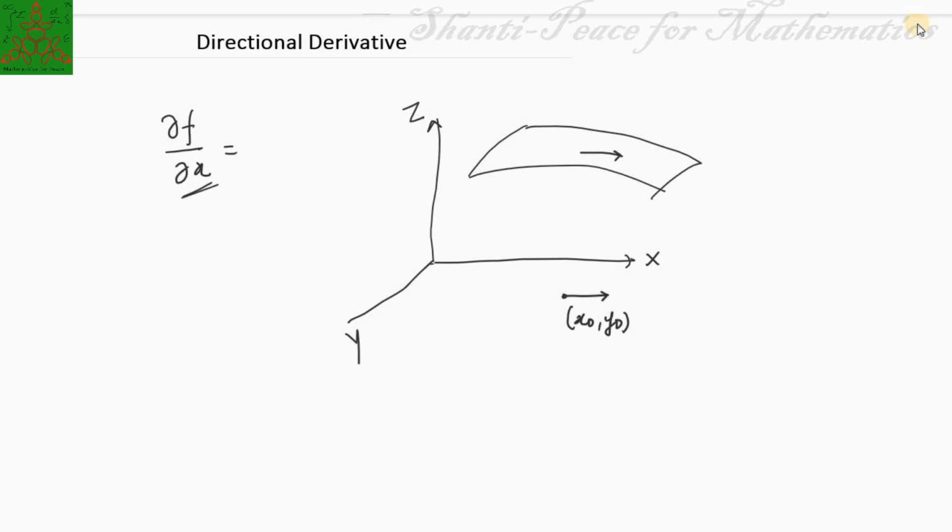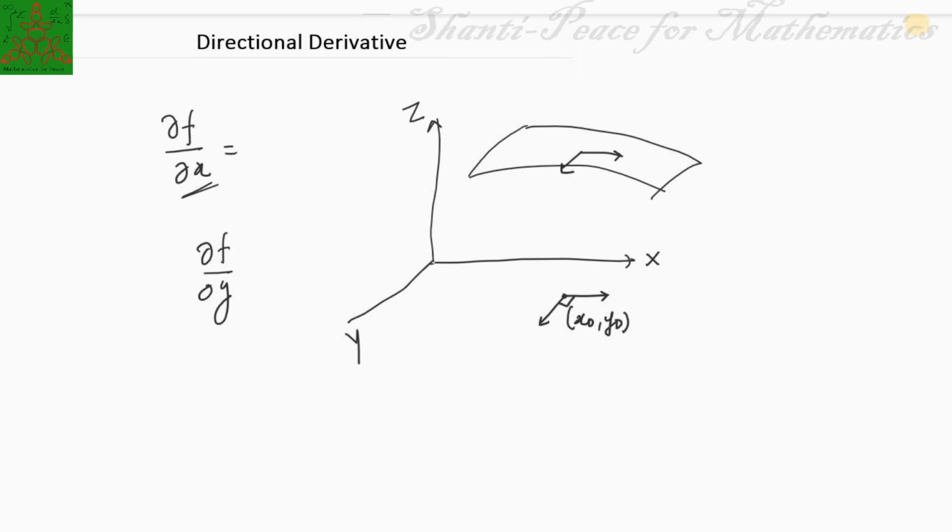And if you want to find the instantaneous rate of change of this function in the y direction, then you will have this y direction. The angle is 90 degrees, so you will have this y direction plane.